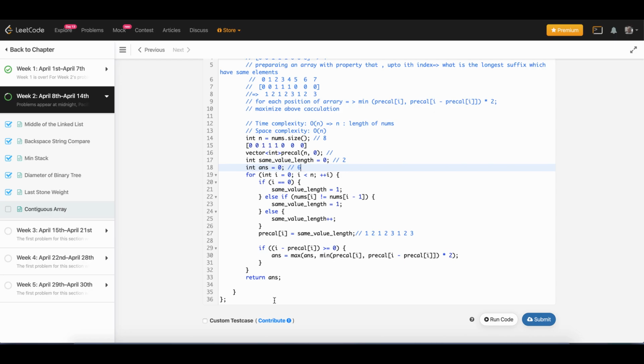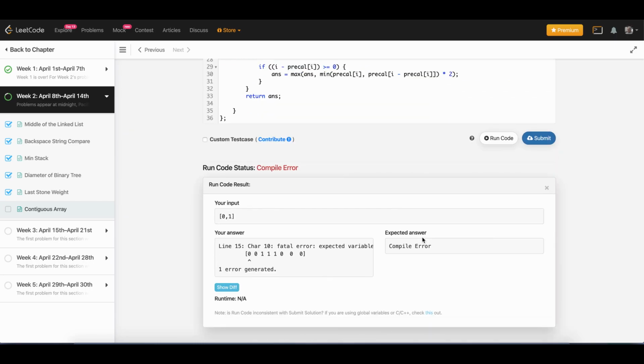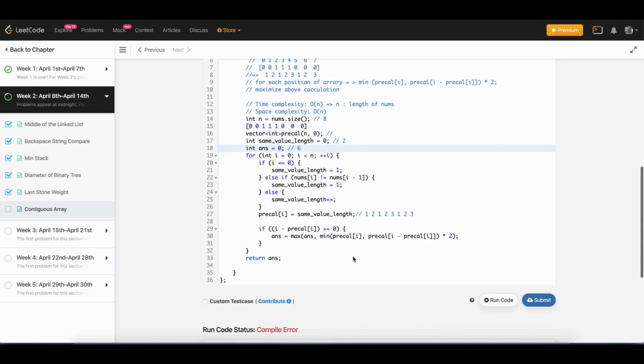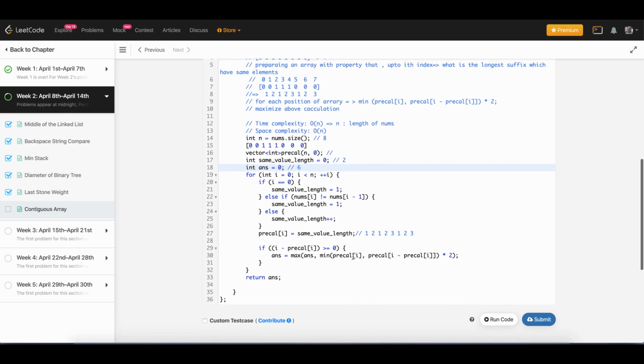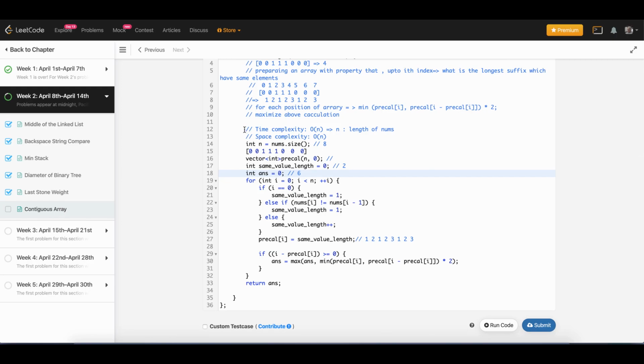So yeah, let's run the code. Compiles an error. Character 10. Okay, this was the example.